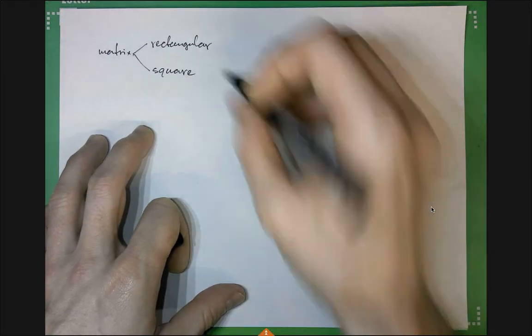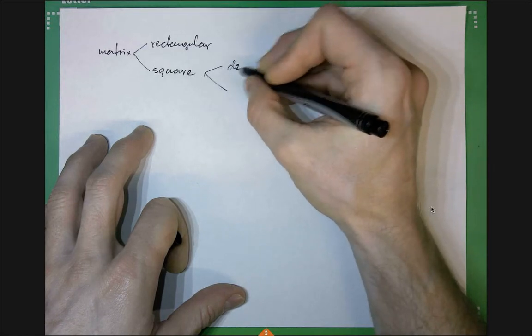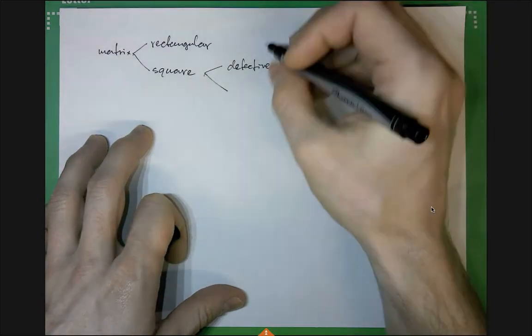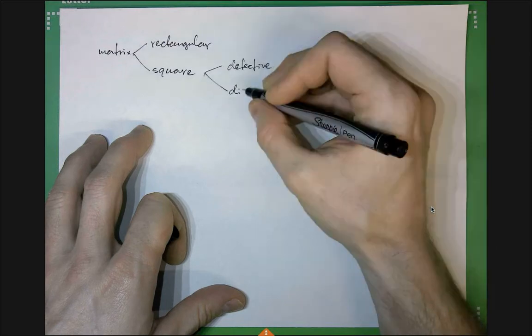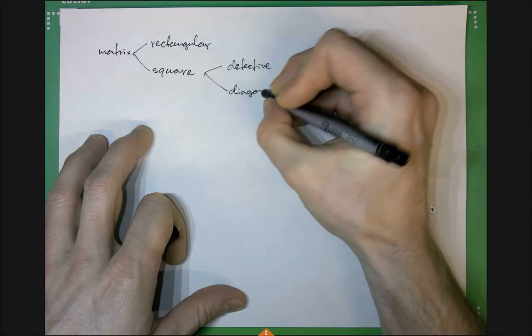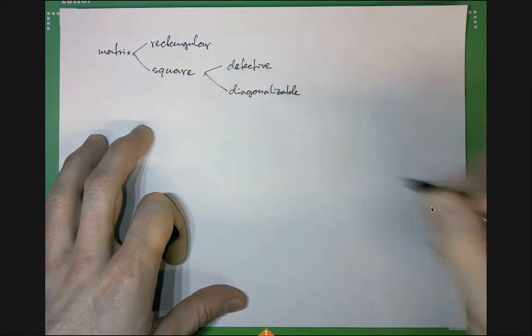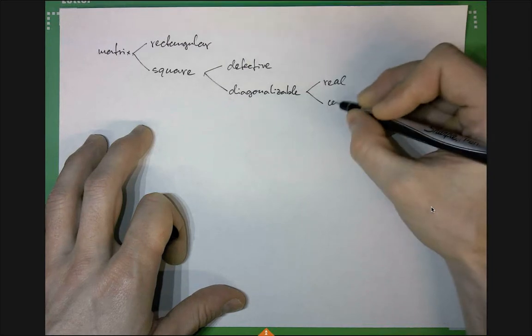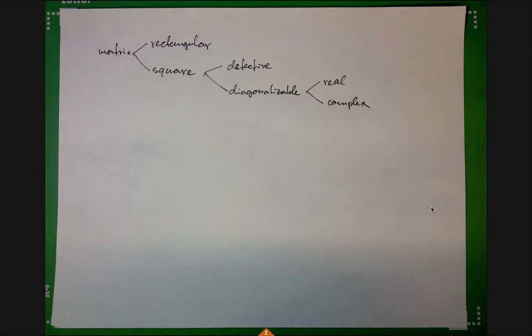If it's square, then it can be defective or deficient. Defective is sort of a bad word, right? Or non-diagonalizable, and this one will be diagonalizable. And diagonalizable, it's either in real or complex numbers. Sometimes we have to go to complex numbers.